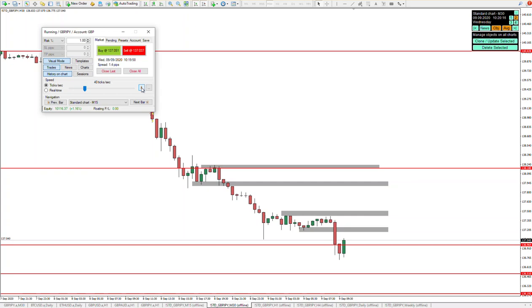Let's see how the M30 closes. I just couldn't enter. This already gives 1 to 1, isn't it?